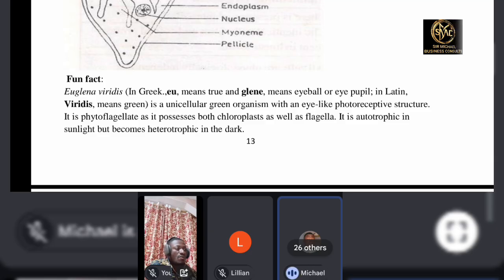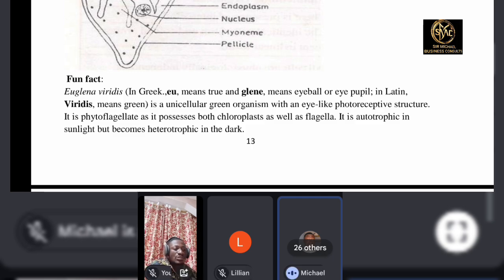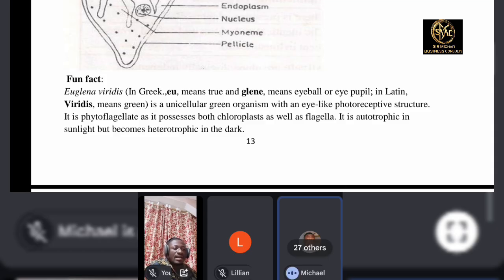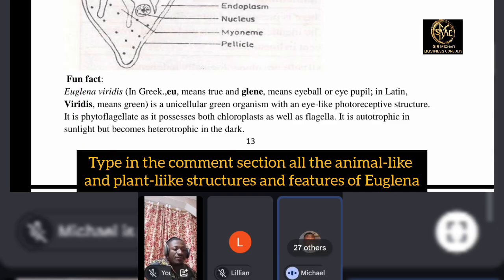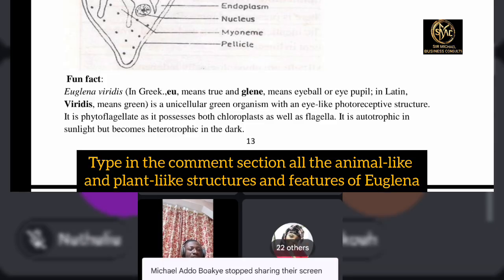So now let's look at the structures of the amoeba, those that look animal-like and those that look plant-like. Anyone that is ready, you can open up your microphone and help us with that. The animal-like structures and plant-like structures of Euglena viridis.